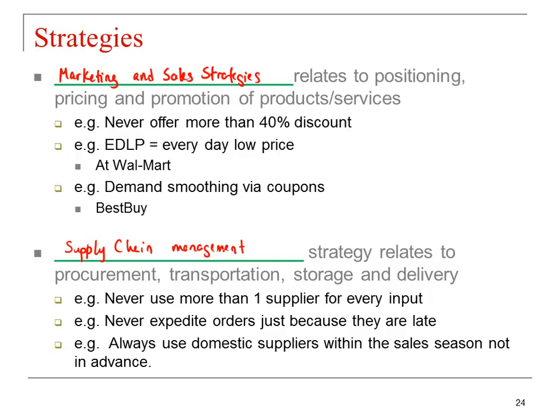For example, strategy could be never use more than one supplier for every input, never expedite orders just because they are late, always use domestic suppliers, buy within the sales seasons, not in advance, and so on. So those are some examples that you can use for managing your supply chain.